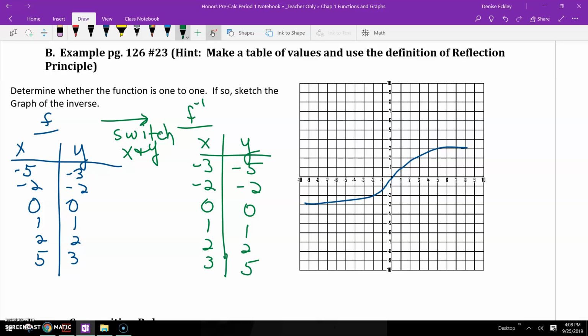And you'll see what I mean about being reflected over the line y equals x. So at -3, we're at -5. At -2, we're at -2. At 0, we are at 0. At 1, we're at 1. And at 3, we are at 5.